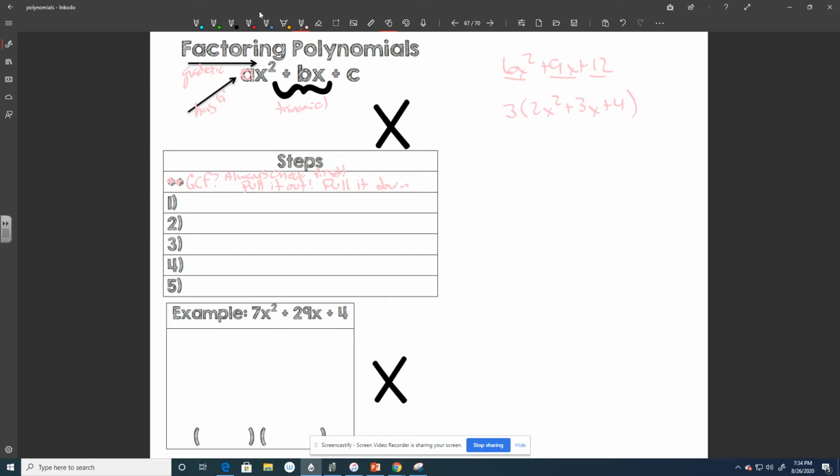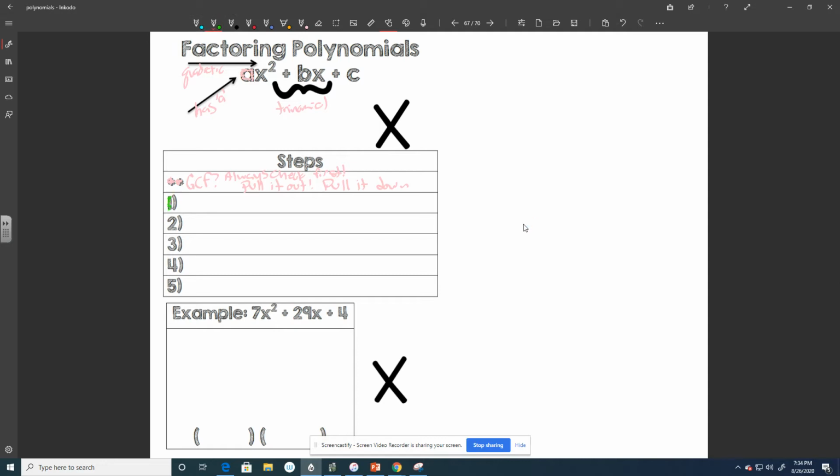But this 3, I'm going to ignore until the very end of the problem, and I'm going to put it in front of my final parentheses. Otherwise, I'm just going to pretend like it was never there. So if there is a greatest common factor, and it doesn't happen very often, we'll do one example today where it does happen, and you can see the process. But if there is one of those, get rid of it, okay?